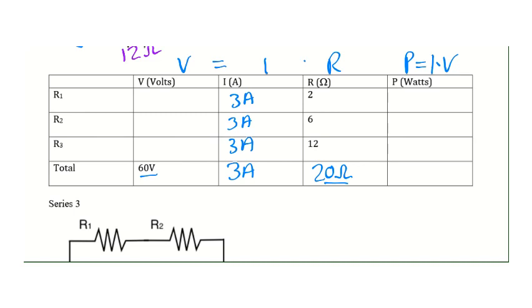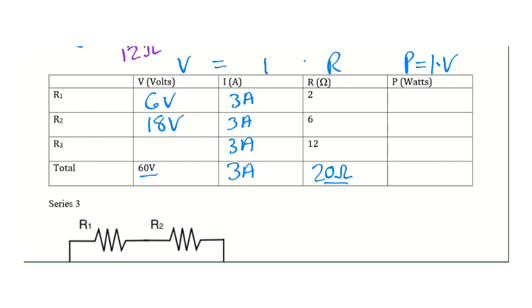We're now going to complete the chart using multiplication. So the I column times the R column should of course give us the voltage column. So 3 amps times 2 ohms should mean I lose 6 volts across resistor 1. 3 amps times 6 ohms means I should lose 18 volts across resistor 2.